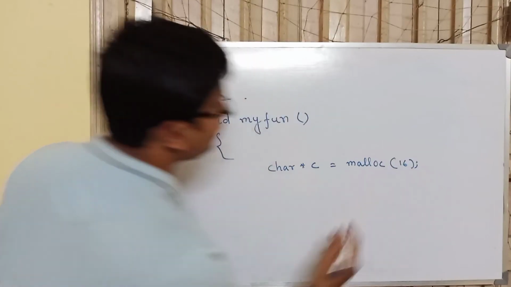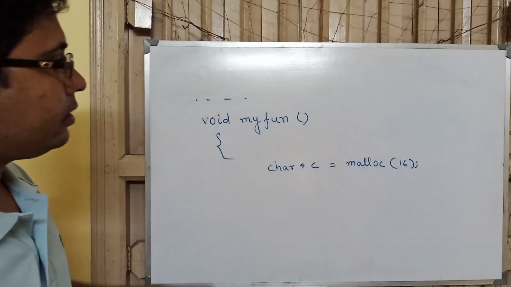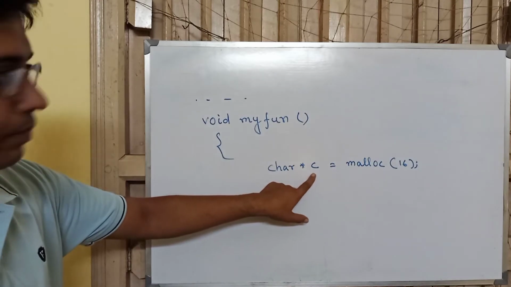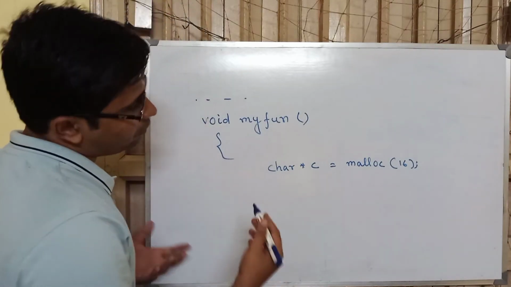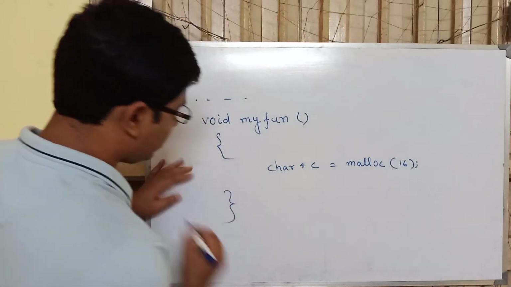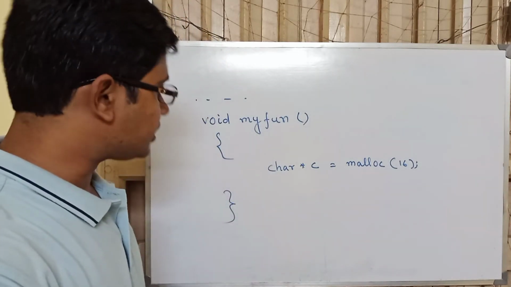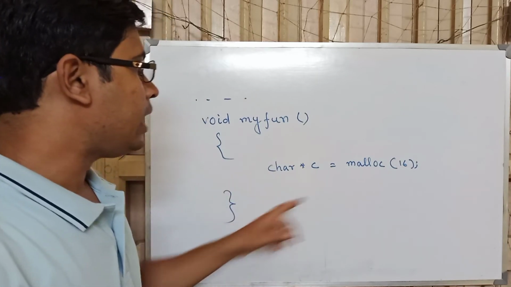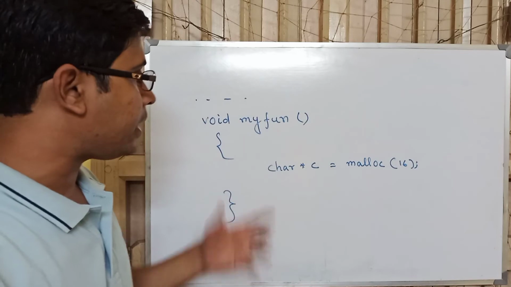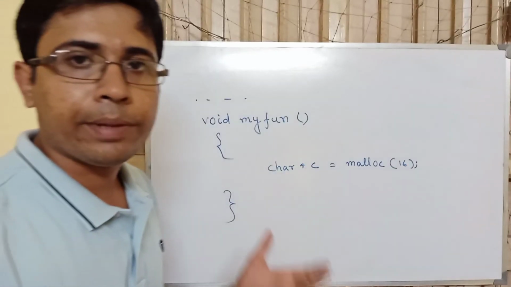So 16 bytes will be dynamically allocated and the base address will be pointed to by c. After that, if we do not do anything and just leave it, c will be gone as the program is over, but the memory allocated by the malloc function will remain.